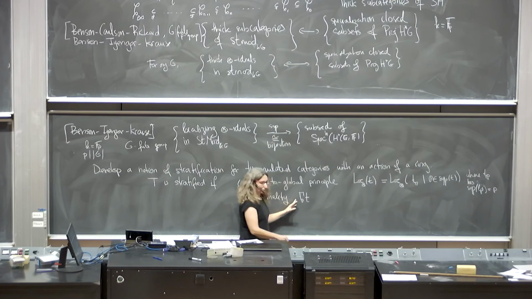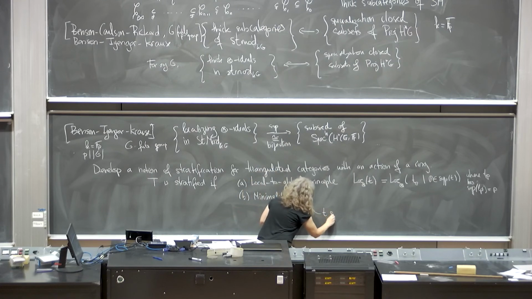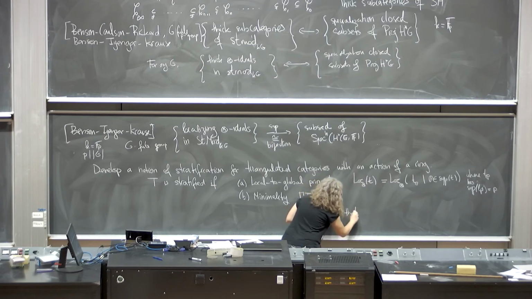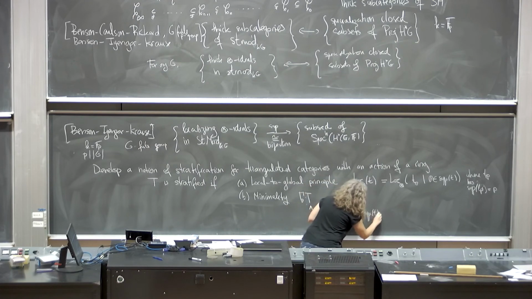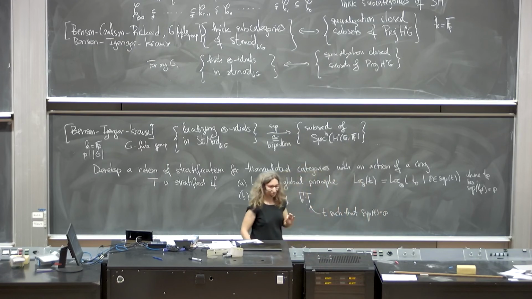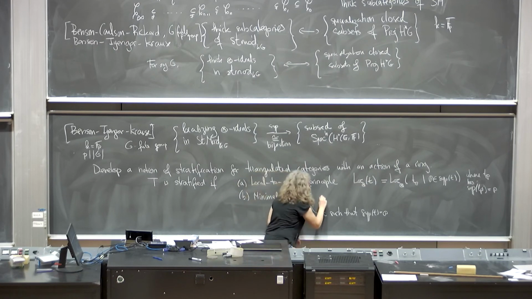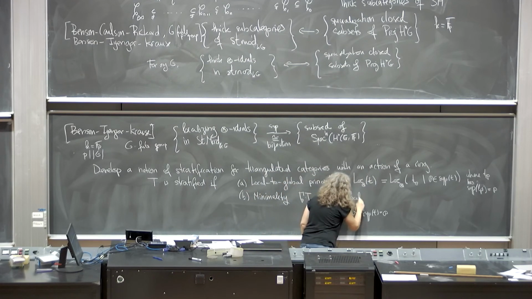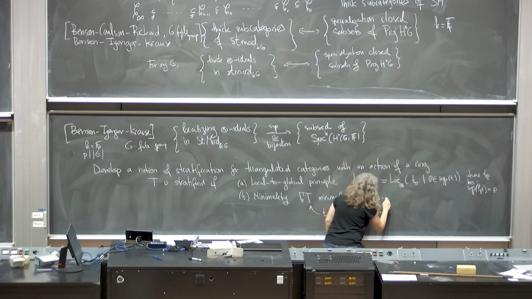For each prime, you look at the subcategory of objects T such that the support of T is just a single prime. If you look at the objects which are supported at a single prime, this is a minimal localizing tensor ideal.